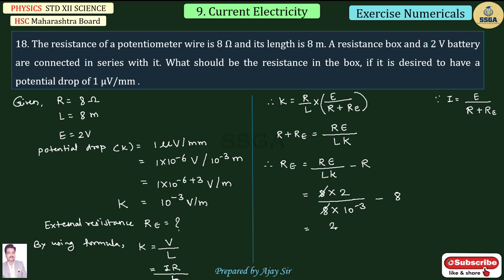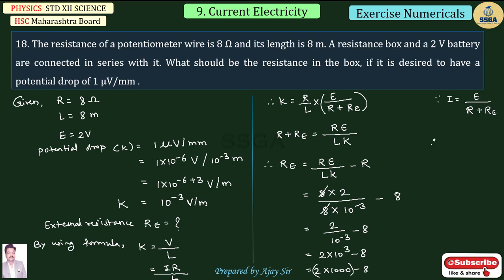So this is 2 divided by 10 raised to minus 3, minus 8. The 10 raised to minus 3 will go in the numerator. So this is 2 into 10 raised to 3, that is 1000, minus 8. This we will write in one bracket.